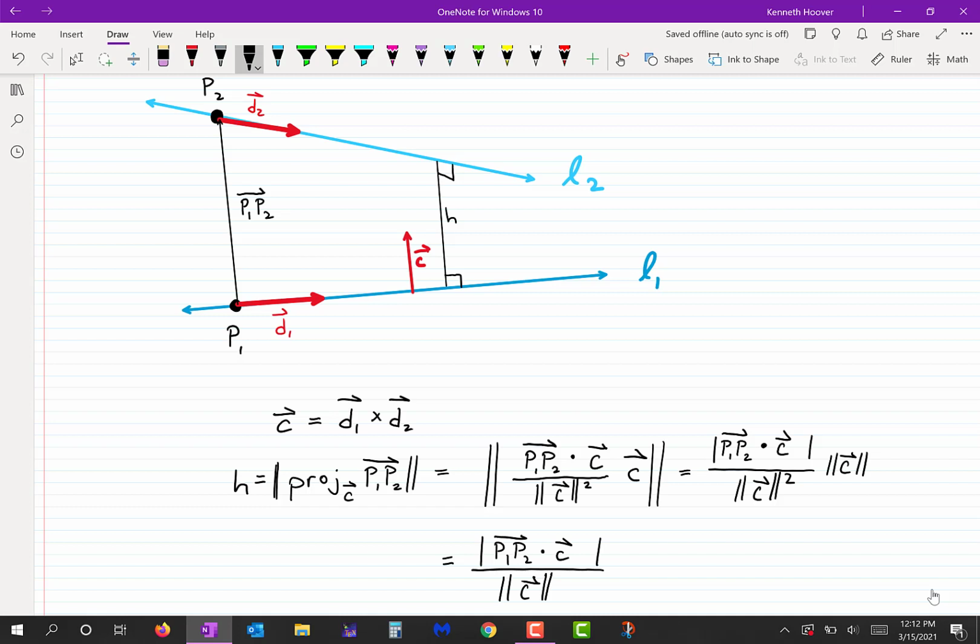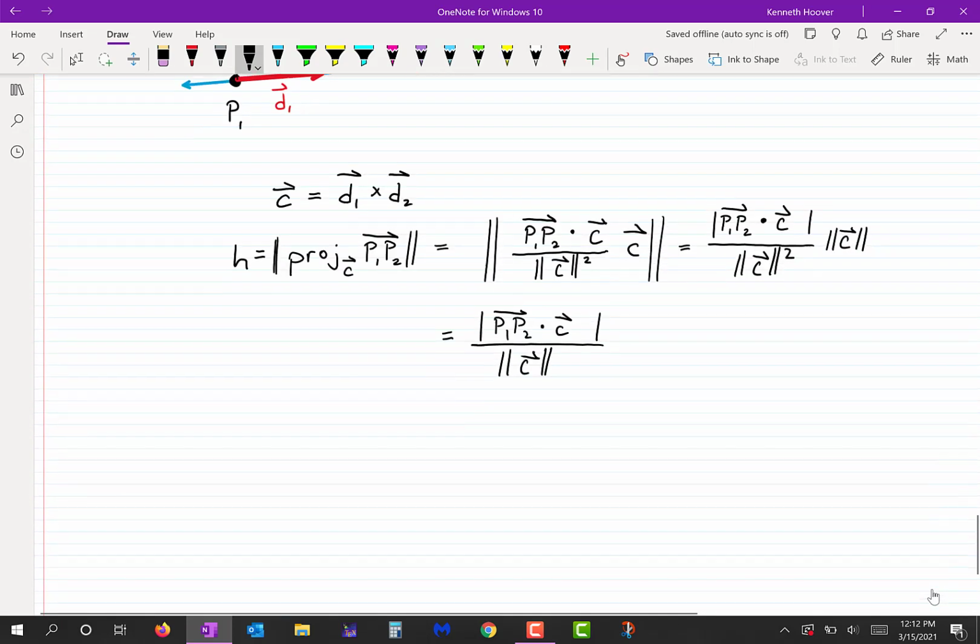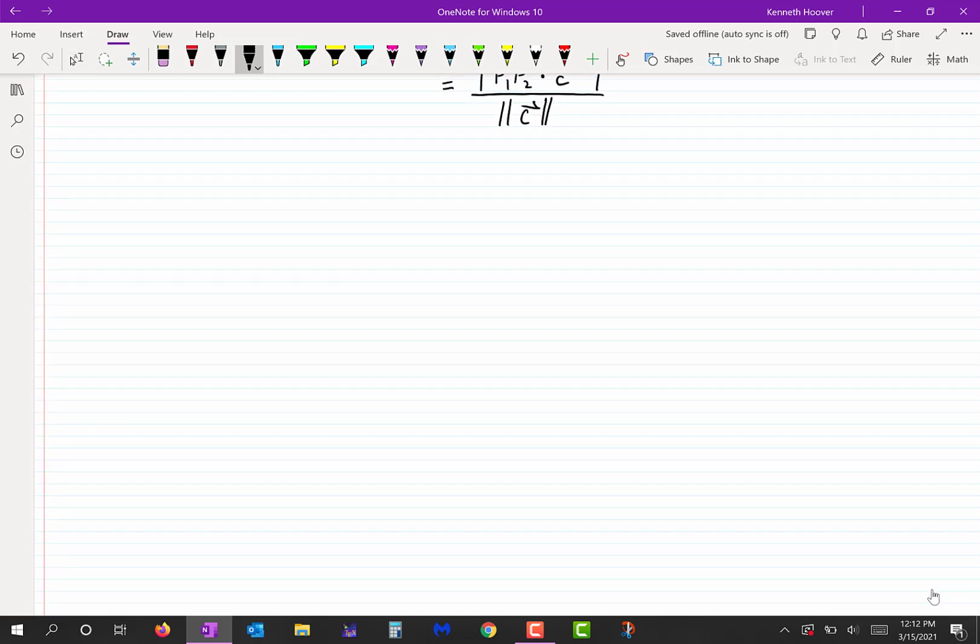Okay, so let's practice one of those. How far apart are two lines? I'm going to write down two lines here. Line number 1 is 1, 2, 1 plus t times 2, negative 1, 1.